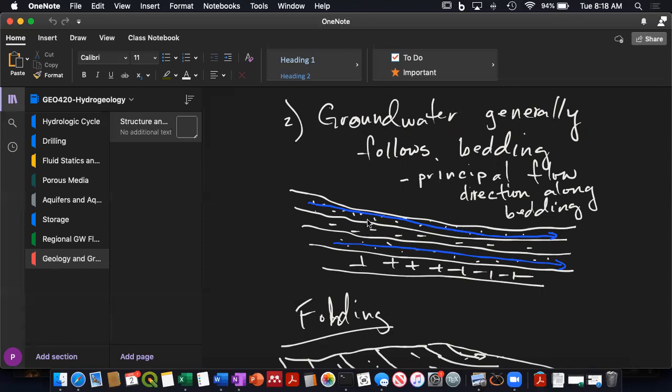And so what that means is, in general, if we have flat lying beds, we get really long, flat groundwater systems. And so we'll talk about this later, but in general, we often make the assumption that groundwater flow is dominantly horizontal, all right, and not vertical. And it follows these bedding planes.